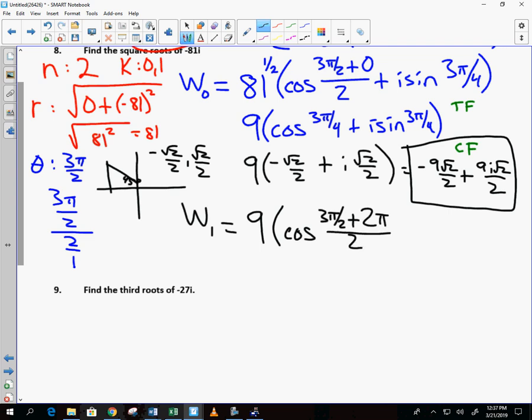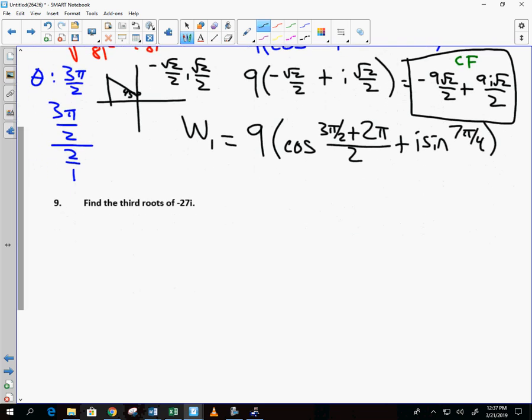Oh man. Yeah, it was a good run, wasn't it? Well, I think we could maybe do that. 3 pi over 2 plus 2 pi. That'll be 3 pi over 2 plus 4 pi over 2. 7 pi over 2 divided by 2. 7 pi over 4. Hey, that wasn't that bad. We're pretty good at fractions, aren't we?